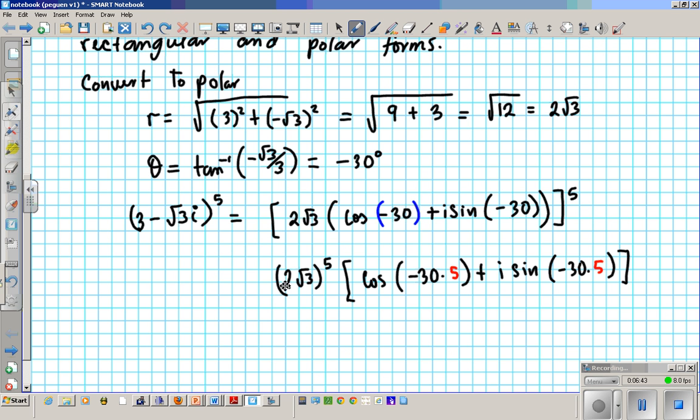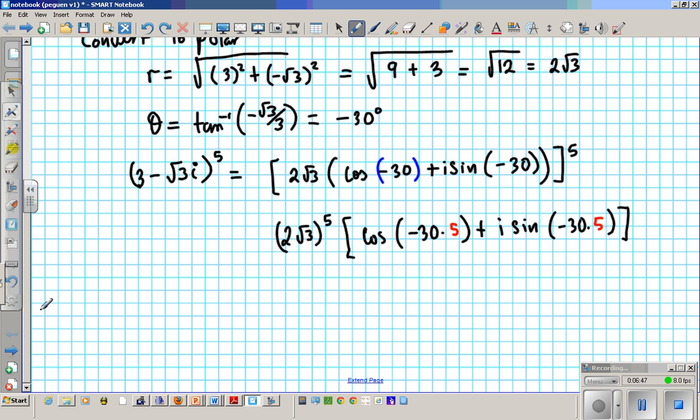What is 2 root 3 to the fifth power? Let's do that on the side. It's basically 2 root 3, 5 times, right? I can use some advanced methodology for this, but let me do it by hand so that you all can see what's going on. 2 root 3 times 2 root 3 times 2 root 3 times 2 root 3, 5 times.